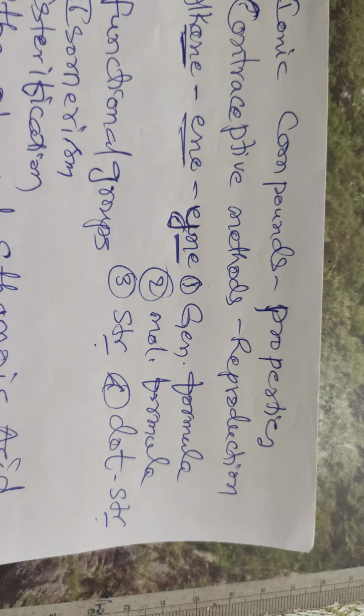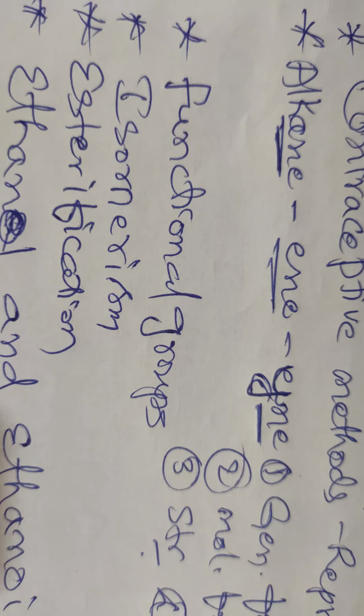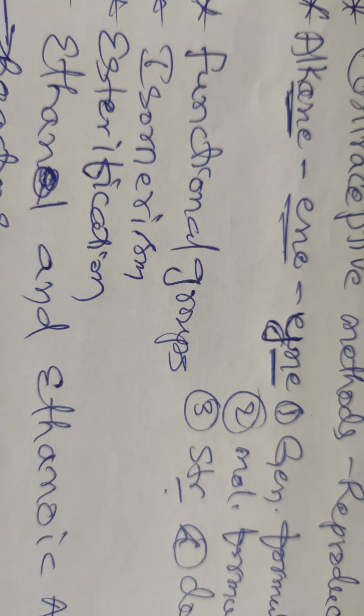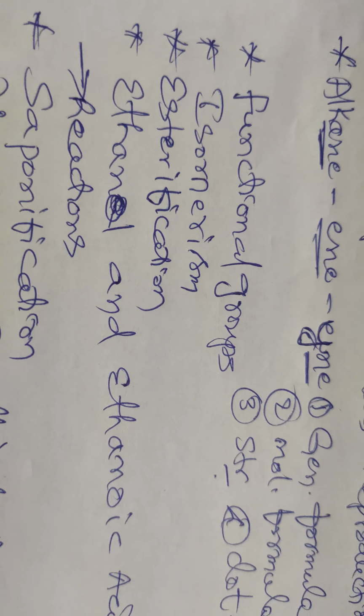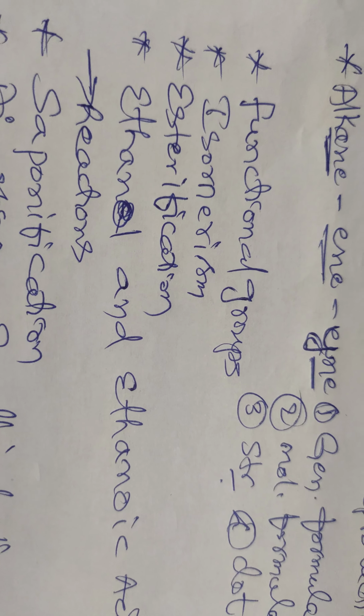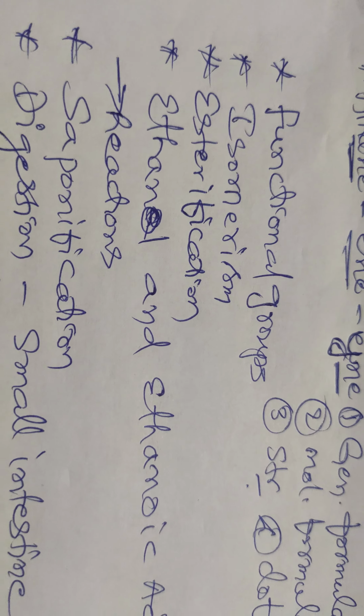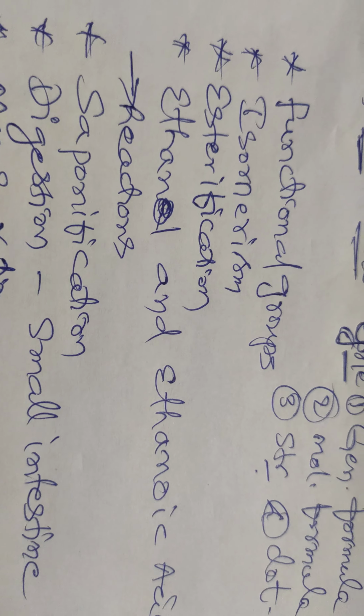Functional groups. Questions will be on functional groups: aldehyde, alcohol, ketone. Next, isomerism. Question will be on isomerism, esterification, and ethanol and ethanoic acid reactions and preparation. Saponification, you will have to see the question on saponification.